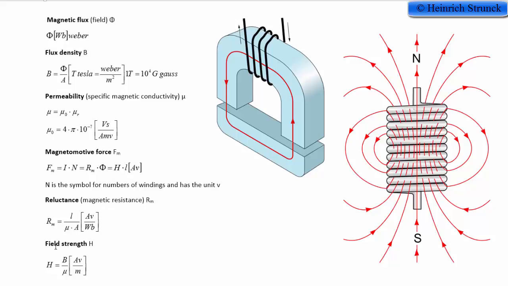Finally, we have the field strength, capital letter H, and it is the flux density divided by the permeability. And we can see it up here. We use it when we calculate the magnetomotive force, and it is the field strength times the length of, for example, the core. So the field strength multiplied by the length of the core also gives the magnetomotive force.